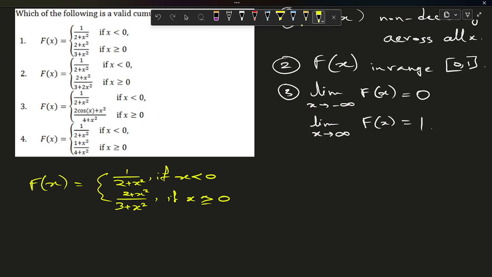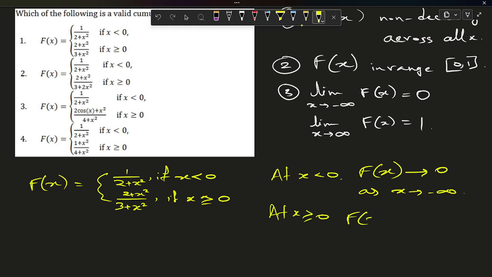Now for x less than 0, as x tends to minus infinity, F(x) is approaching 0. For x greater than or equal to 0, F(x) is 2 plus x square by 3 plus x square, so as x tends to infinity, this will approach 1.